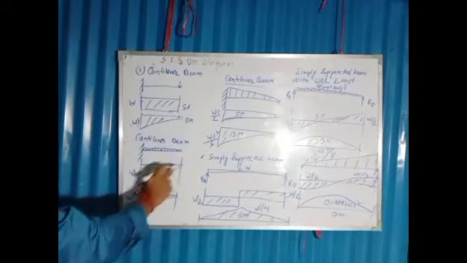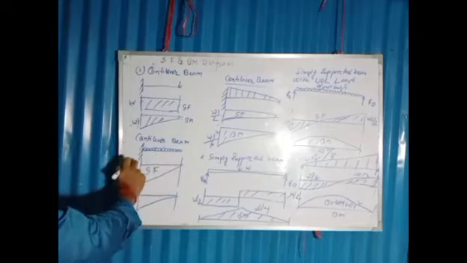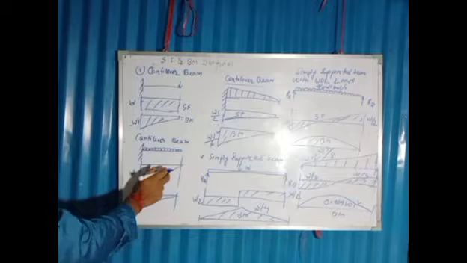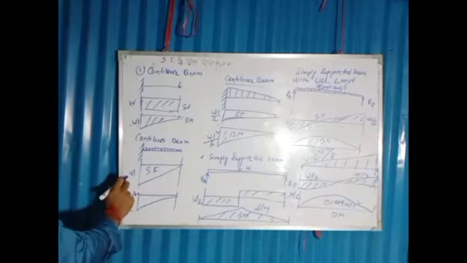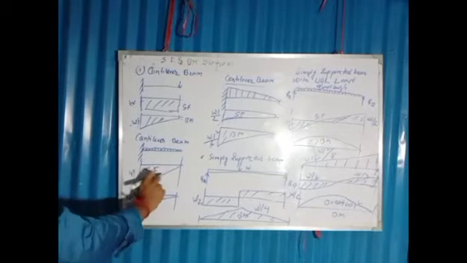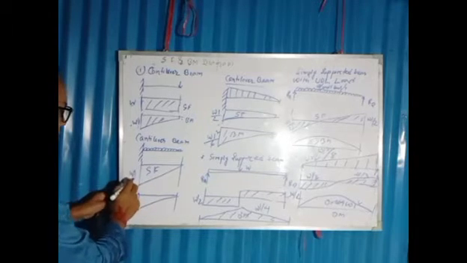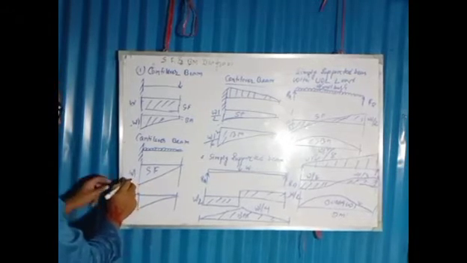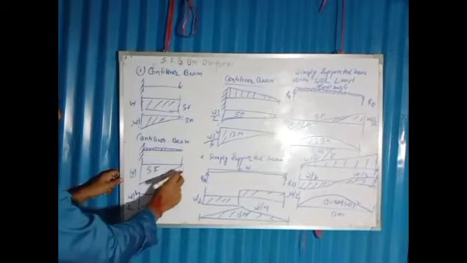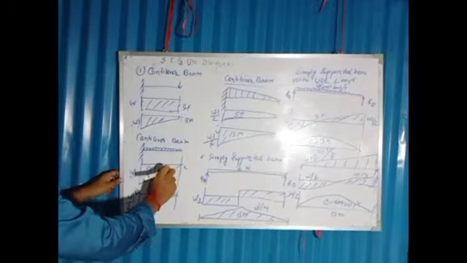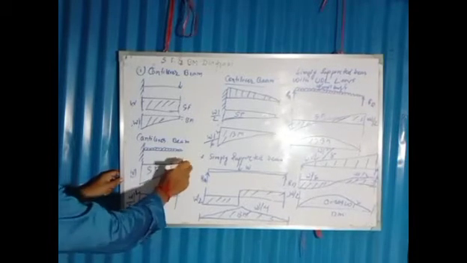Also you can see the cantilever beam with a uniformly distributed load. The shear force diagram is a triangle. At this point the shear force is maximum, and at this point it is minimum or 0.